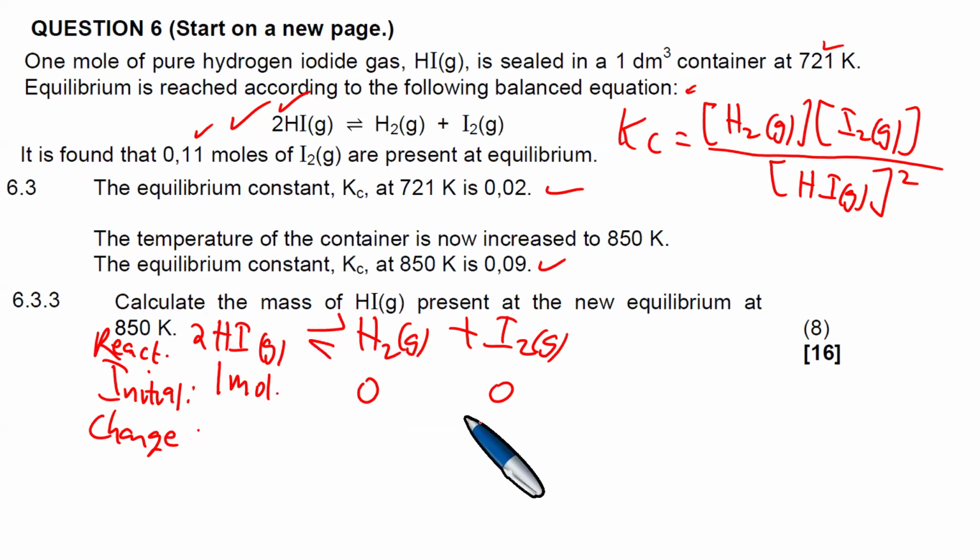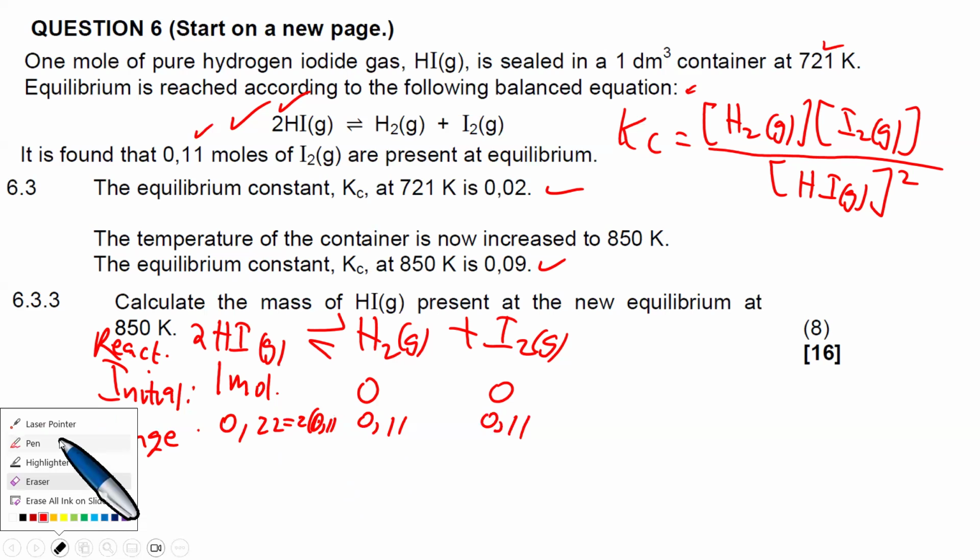So it's going to be 0.11 here, and the change is going to be 2 times that, which is 0.22. Obviously this 0.22 is 2 times 0.11. We analyze that. We continue.